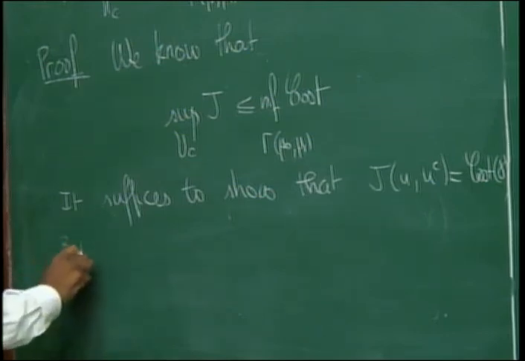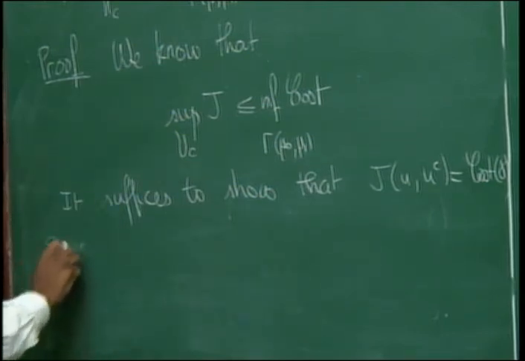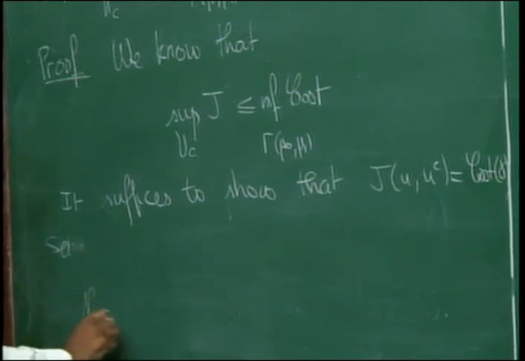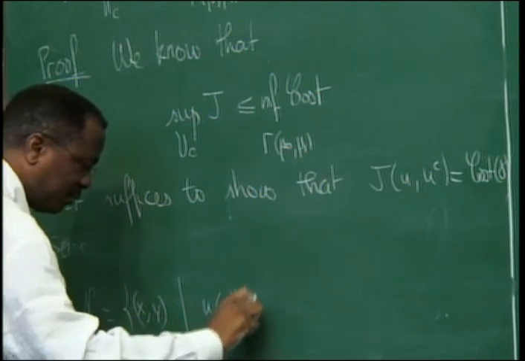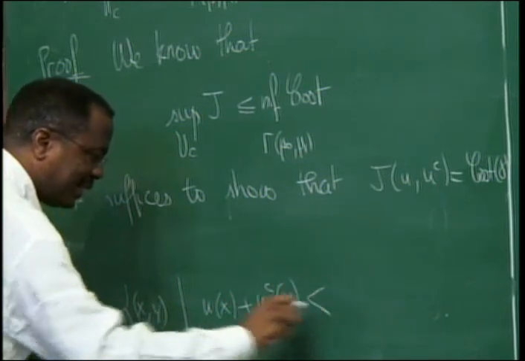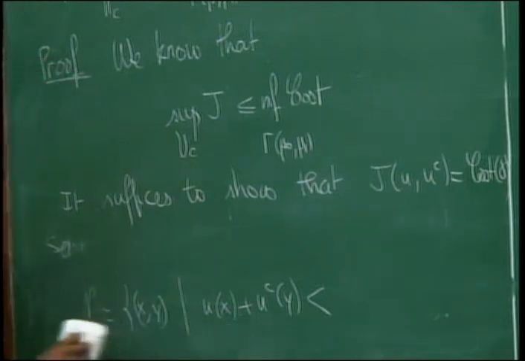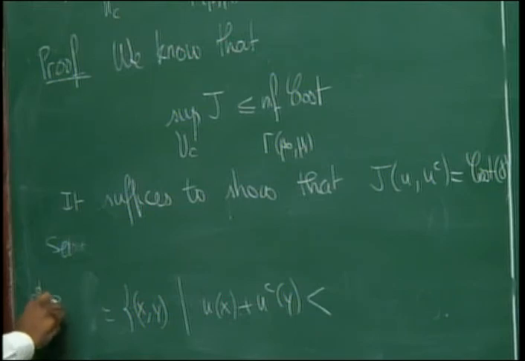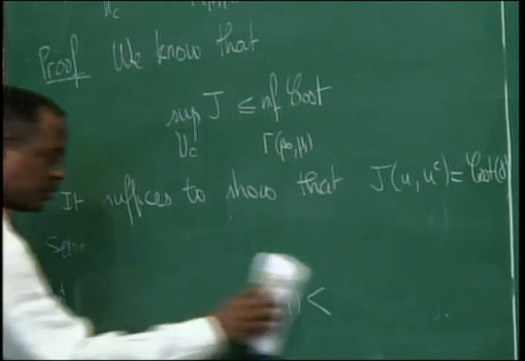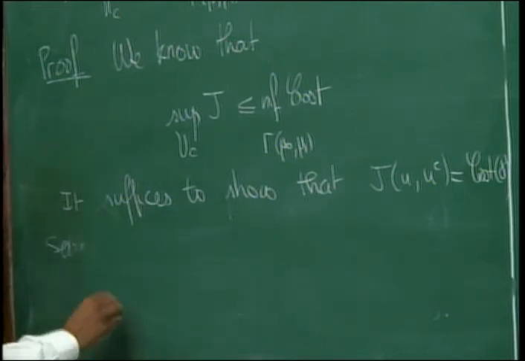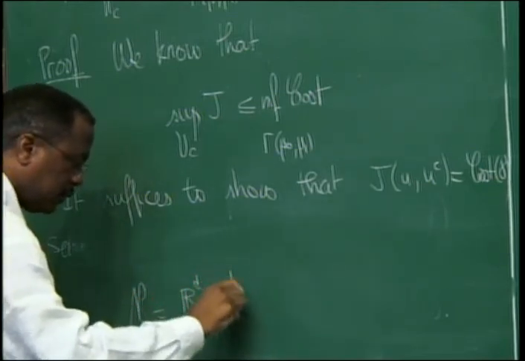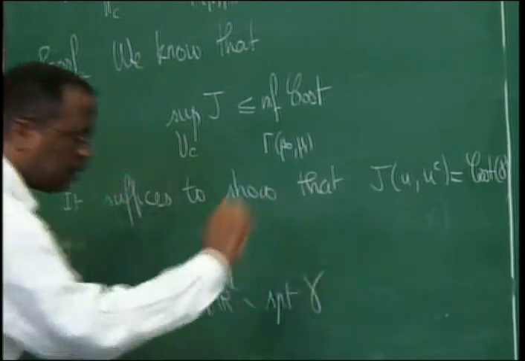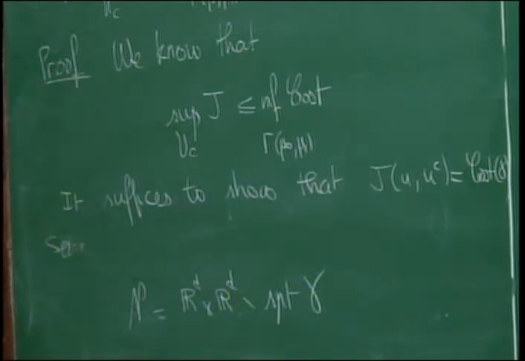But set N to be the set of (x, y) such that u(x) plus u^c(y) is not equal to c(x, y). Set S to be R^d cross R^d minus the support of gamma. This is a set of zero measure.